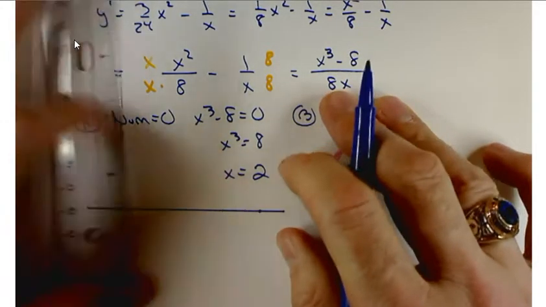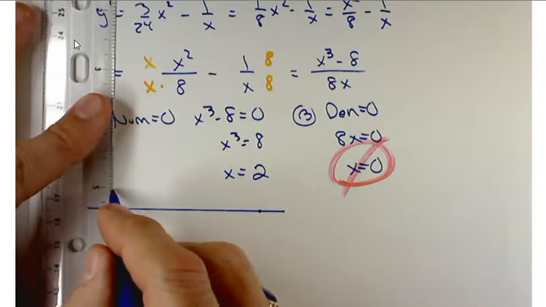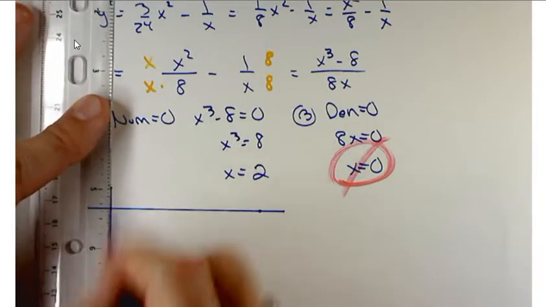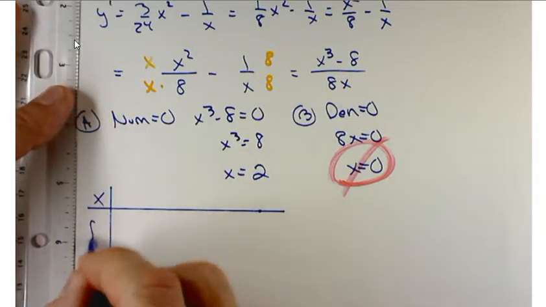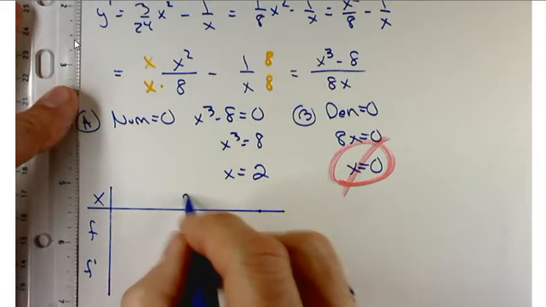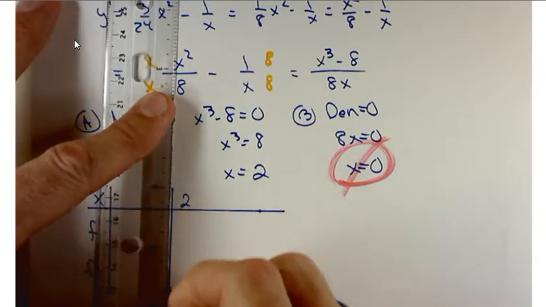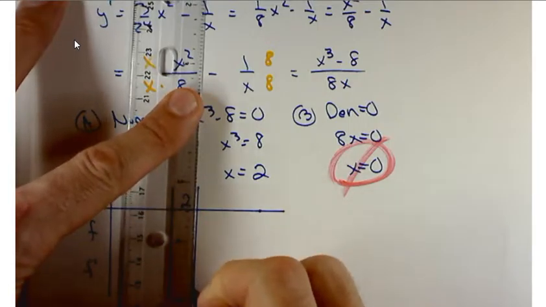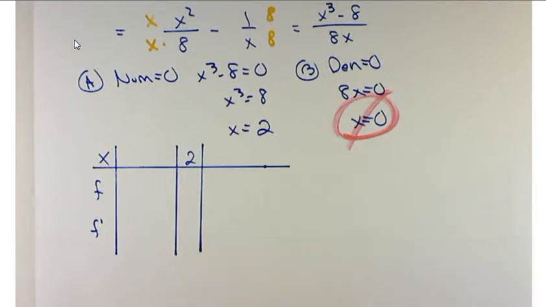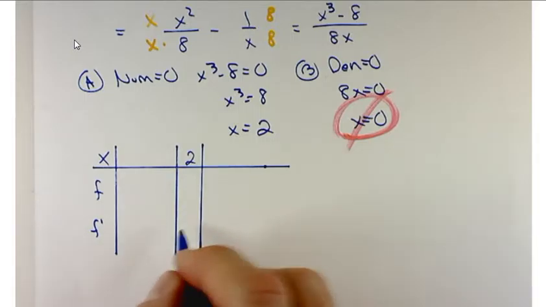Draw ourselves a little table here. X, F, F prime, and 2. So at x equal 2, the derivative is 0.